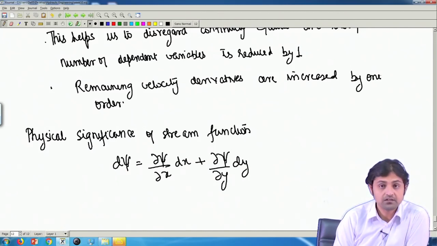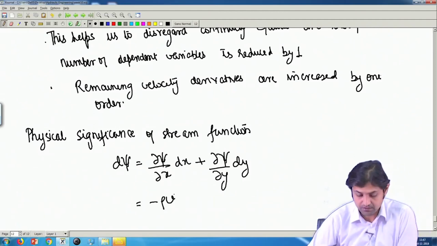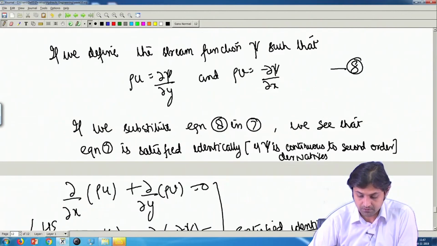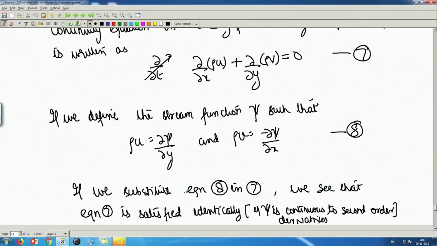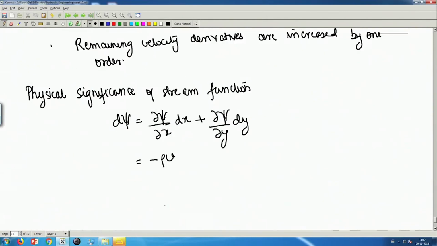All right, this is how d psi can be written, and you see del psi by del x we have defined as minus rho v. Using equation number 8, it becomes minus rho v dx plus del psi by del y was rho u dy.